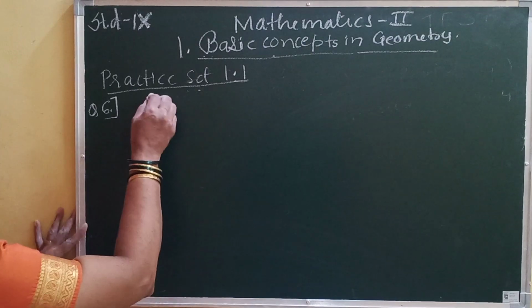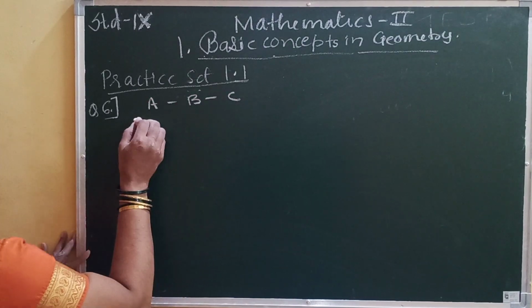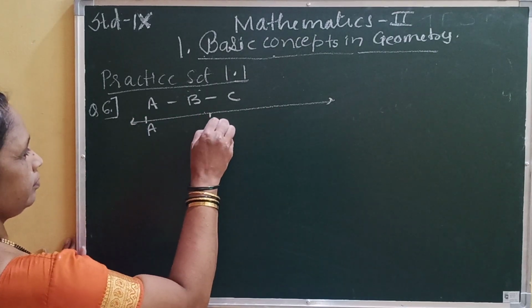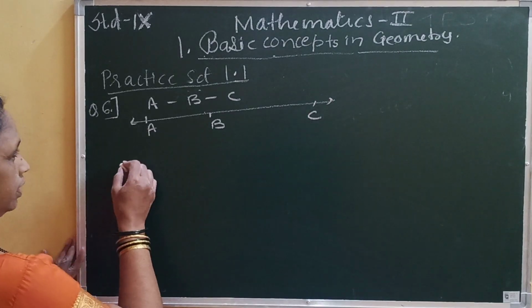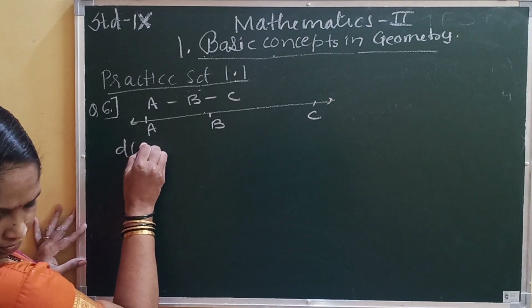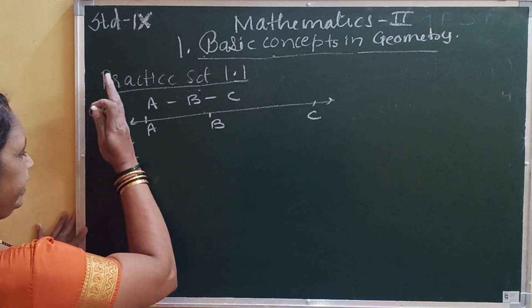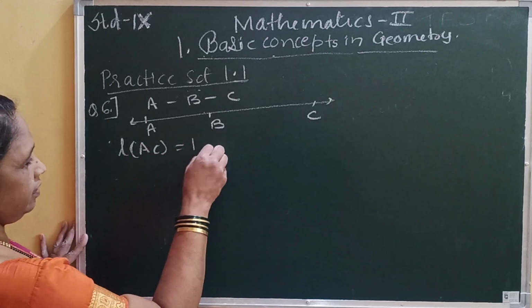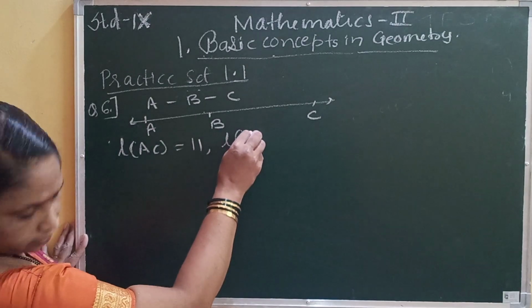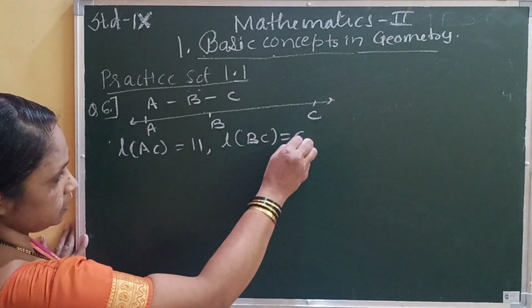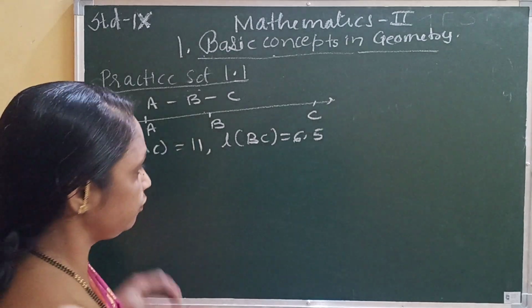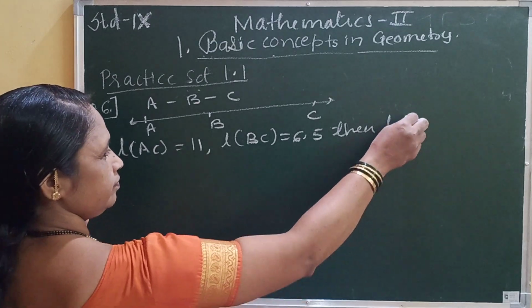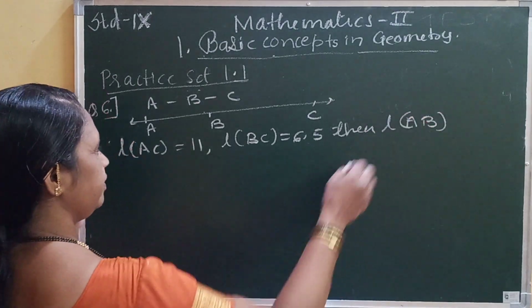It is given A, B and C, so the figure will be A, B and C. Length AC is given as 11 and length BC is given as 6.5. Then you have to find length AB.